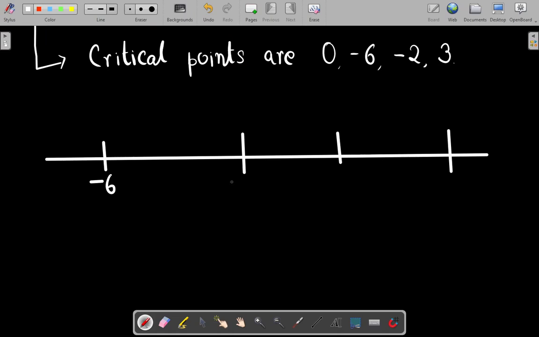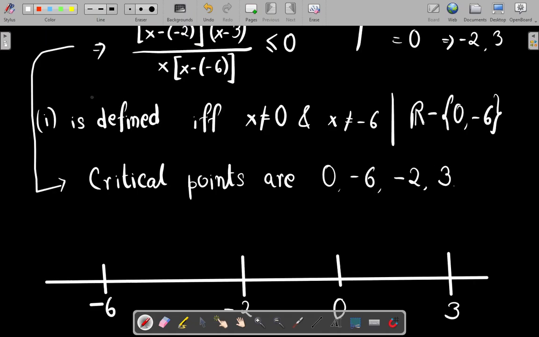Let's say this is minus 6, this is minus 2, this is 0, and this is 3. So these are the 4 critical points in this inequality.